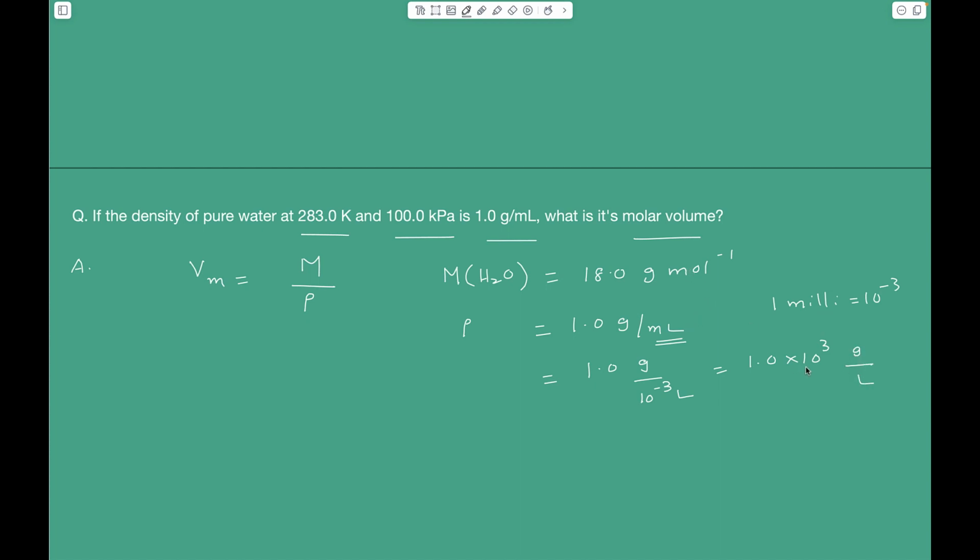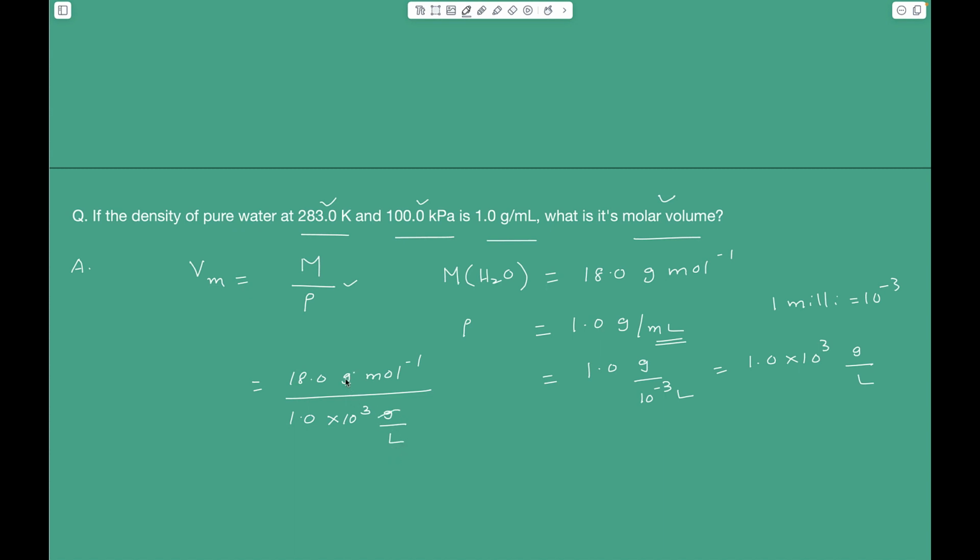Now simply put these values in this expression to get its molar volume at this temperature and pressure. It would be 18.0 gram per mole over 1.0 times 10 to the power of 3 gram per liter.